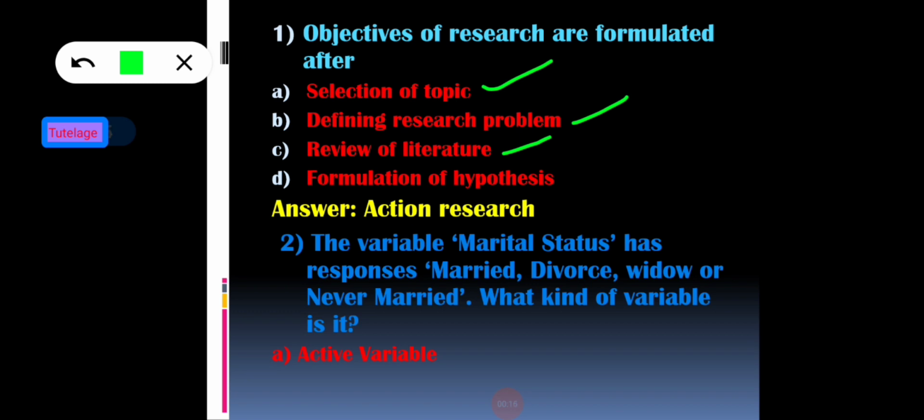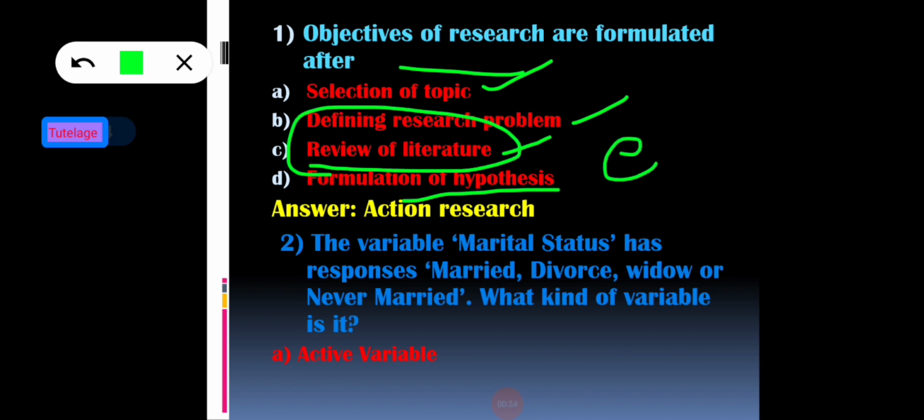And fourth one is formulation of hypothesis. So objectives of research are formulated after the review of literature. So C is the correct answer and the others are wrong answers. The correct option of this question is review of literature, which is mentioned in option number C.